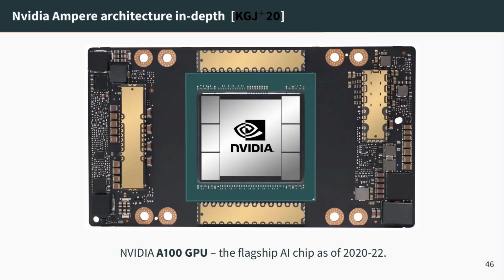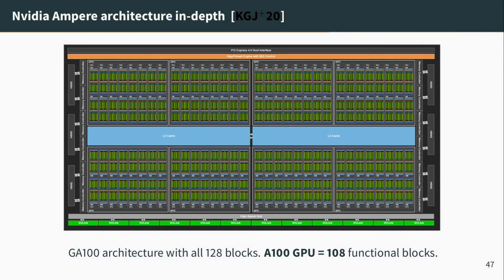So, let's look at the current AI architecture. As of today, we're in 2022. The flagship AI chip is the NVIDIA A100 GPU. I don't know if you've ever bought that, but before it was the V100, before that it was the P100, but today it's the A100. And the great thing is that the architecture of the A100 is fully documented.